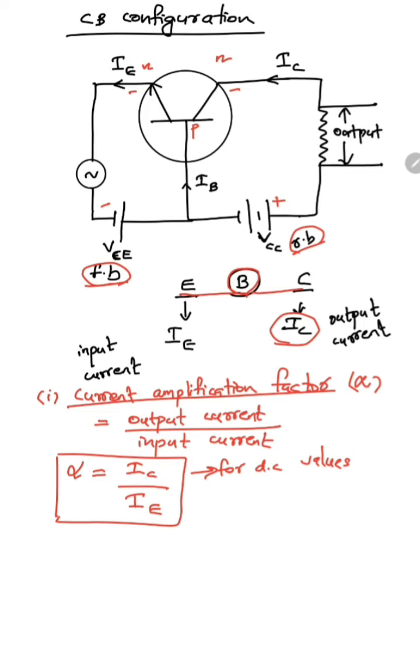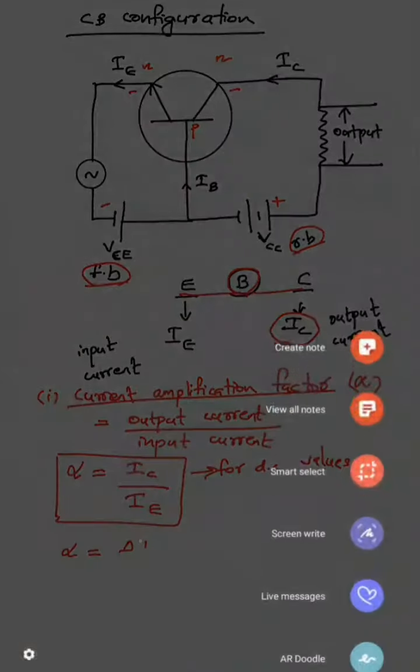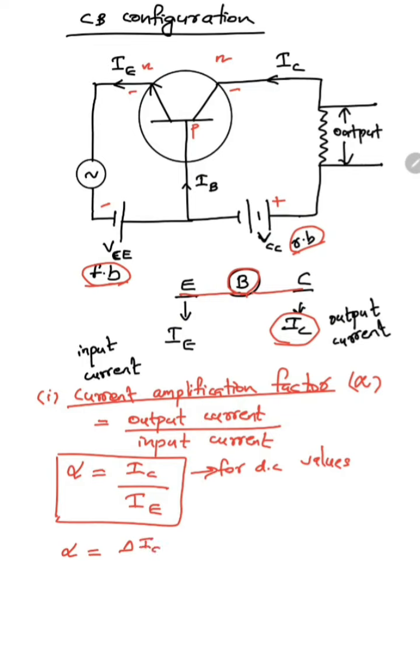AC currents means changing currents or fluctuating currents. So instead of IC, we have to write delta IC by delta IE. So current amplification factor can be defined as the ratio of change in collector current, that is delta IC, to the change in emitter current, delta IE.